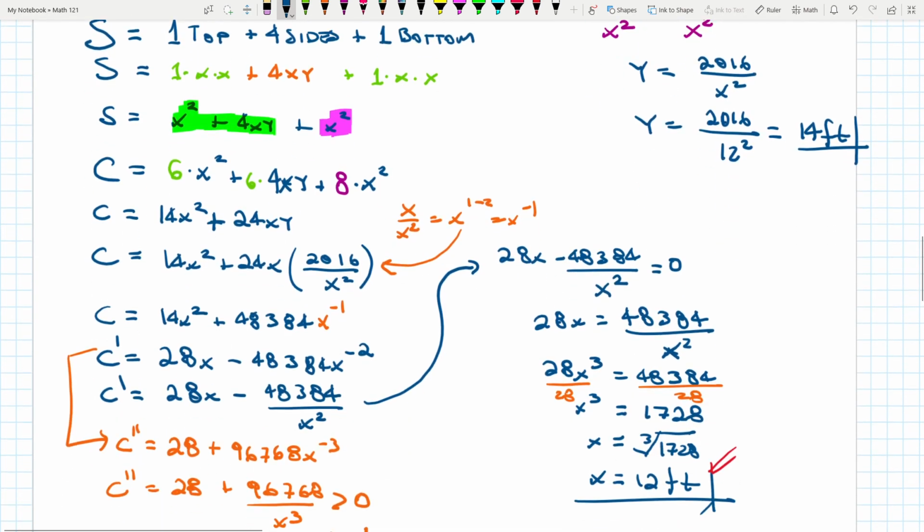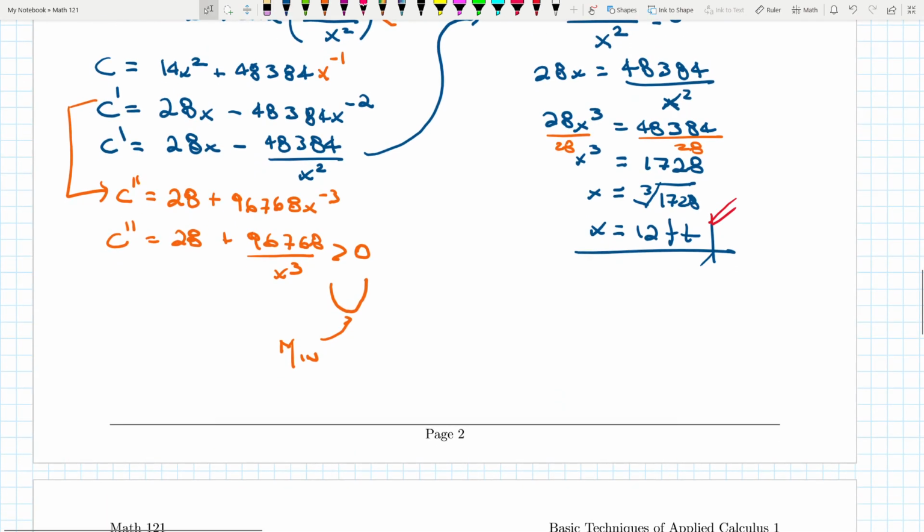So let's clearly state the dimensions: 12 feet by 12 feet by 14 feet.